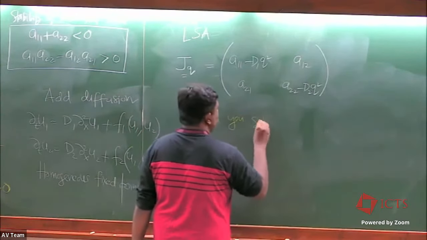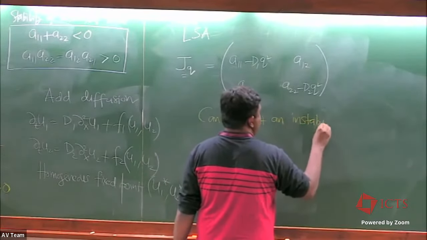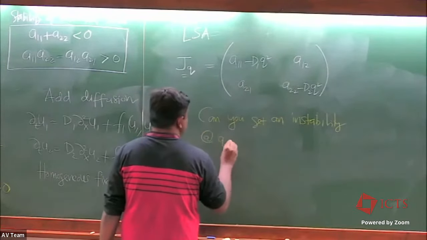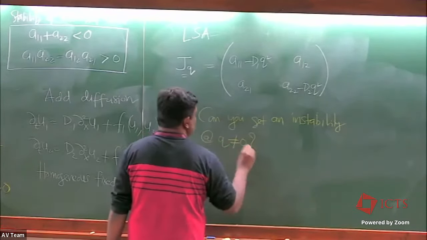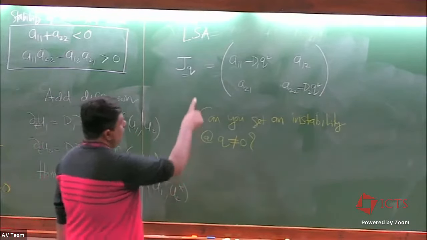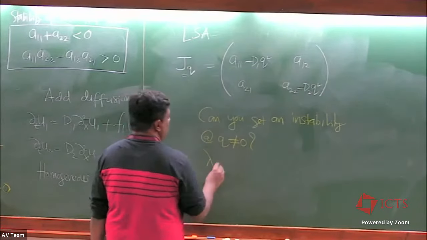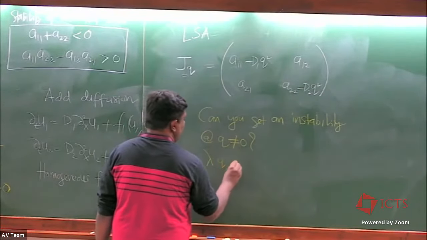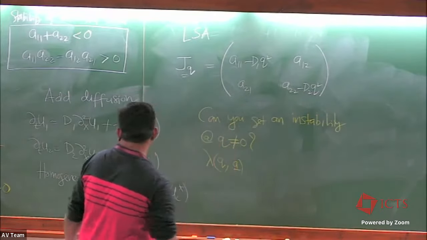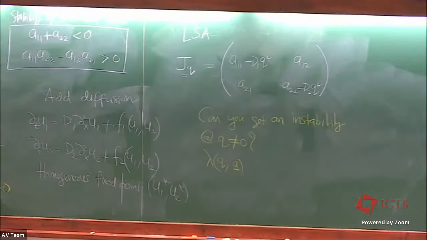So can you get an instability at Q not equal to 0? In other words, I'll look at this Jacobian matrix and its eigenvalues, which will be a function of Q and the set of A11, A22, and so on, and also D1, D2. So maybe I'll call that, as usual, theta, the set of parameters.